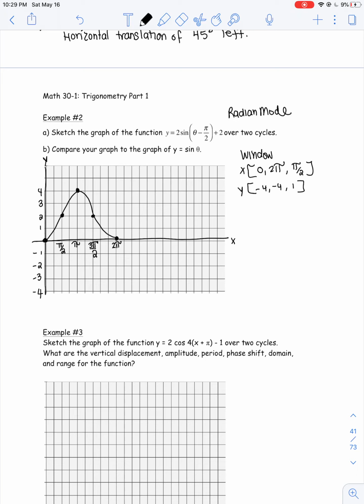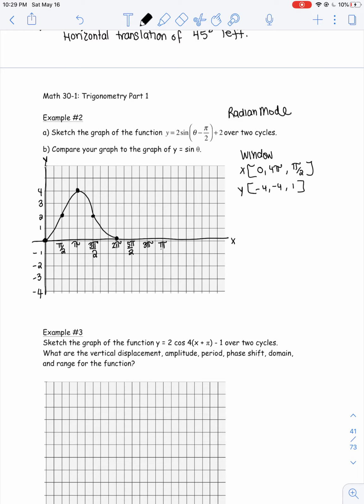And we can continue this. Okay, they do want us to continue for 2 cycles. So I'm going to change my window then to go to 4 pi, because right now I only had 1 cycle, so I want to continue this to show 2 cycles. So this would have been 4 pi over 2, and then it would be 5 pi over 2, just to continue the pattern. 6 pi over 2 is the same as 3 pi.